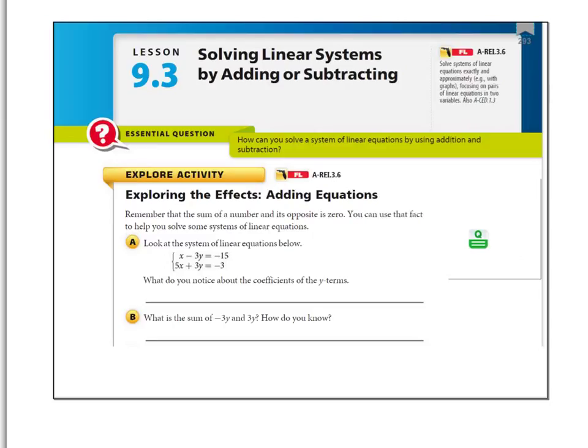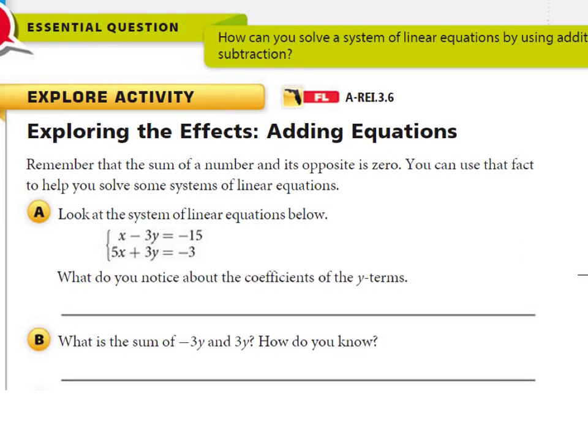Right, here we go. So with adding equations, hopefully you noticed that the coefficients of the y terms were opposites. If you've heard the term before, opposites, which means they would add to 0, are called additive inverses.